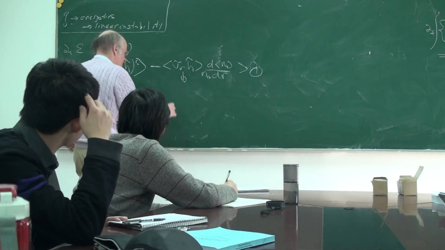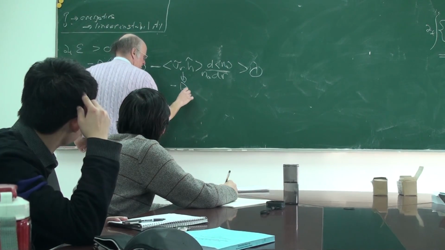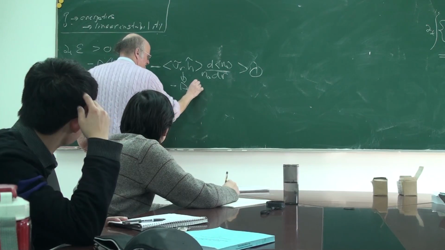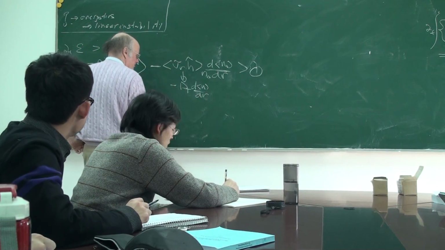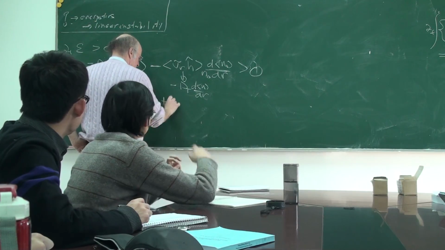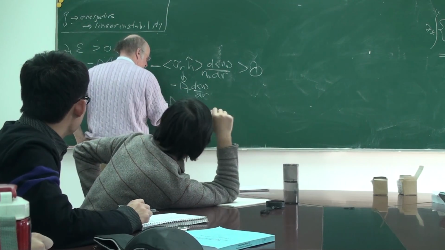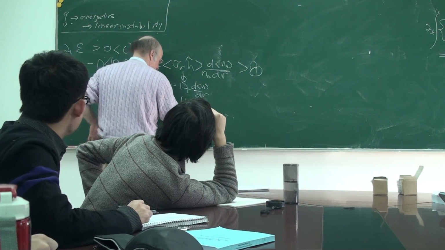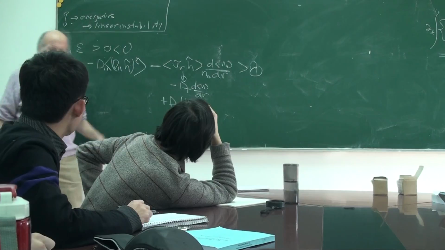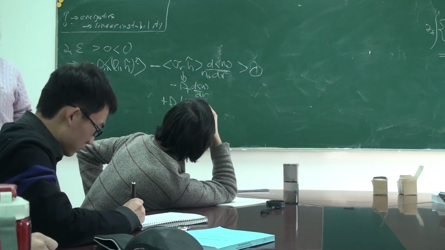So this would be a minus some turbulent diffusivity times dn dr. So the whole thing with the minus sign becomes a plus D turbulent dn dr squared. So this is a classic kind of diffusive mixing source.